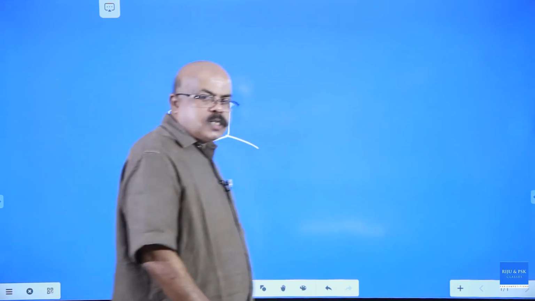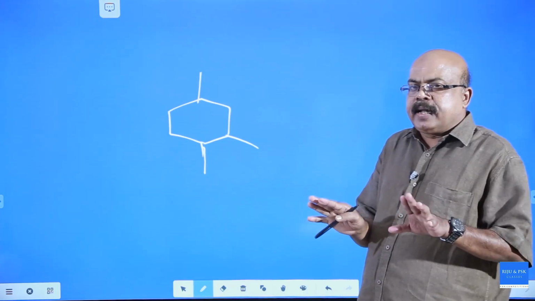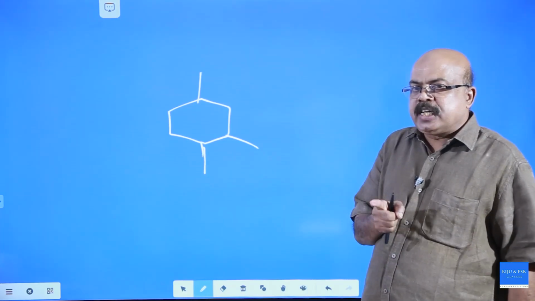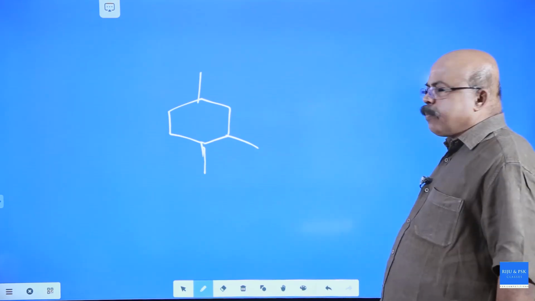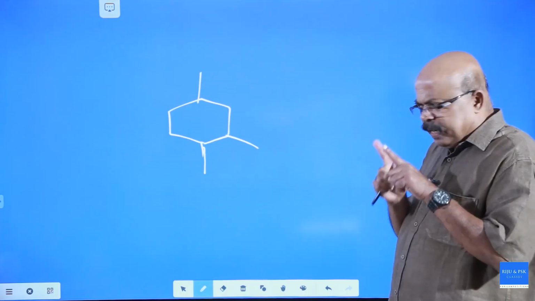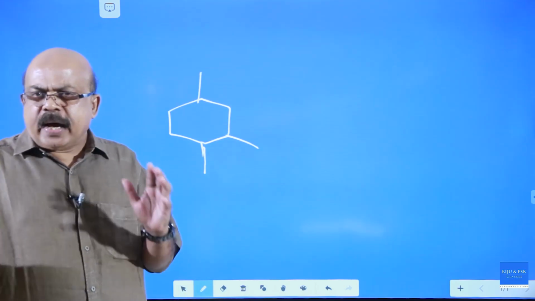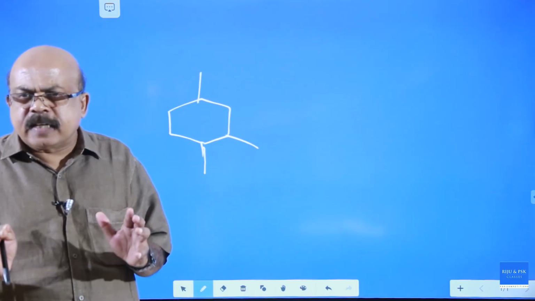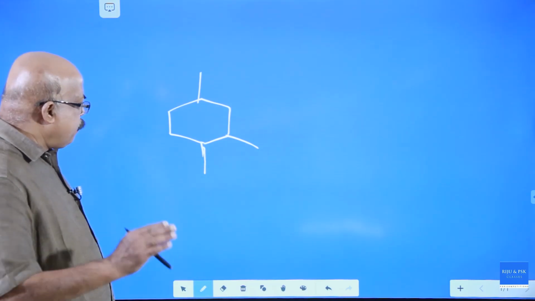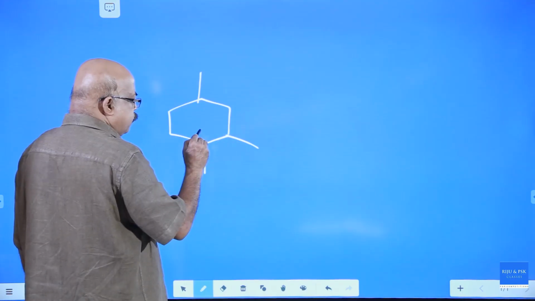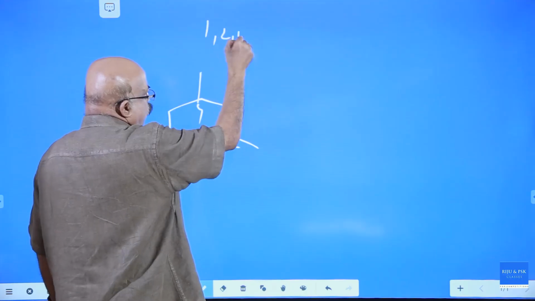Next is, here 3 substituents, all identical, all methyl groups, but they do not get the same set of locants. In such a case, the one with the lowest set of locants is preferred as the numbering mode. Here locants 1, 2, 4.